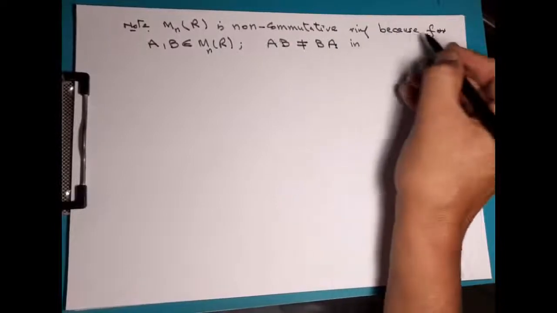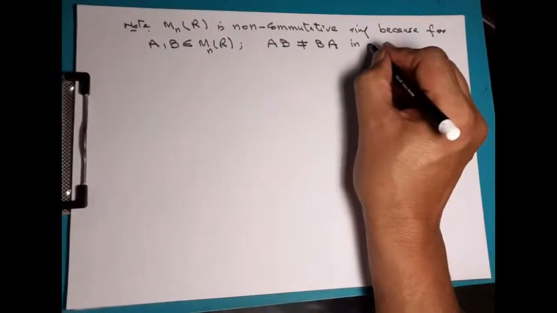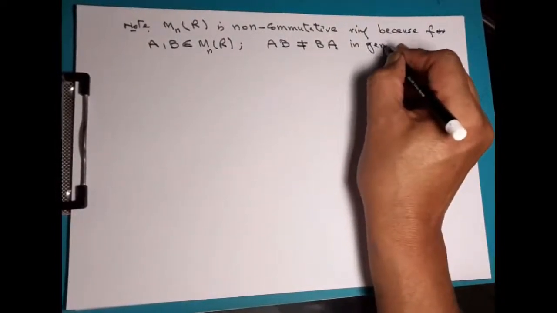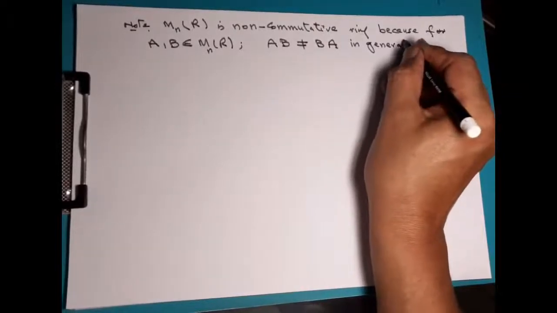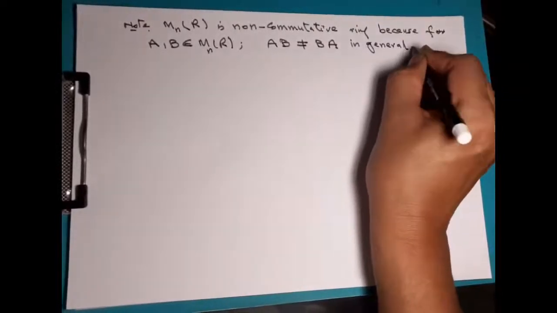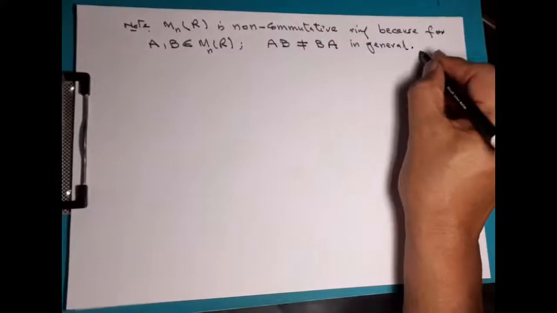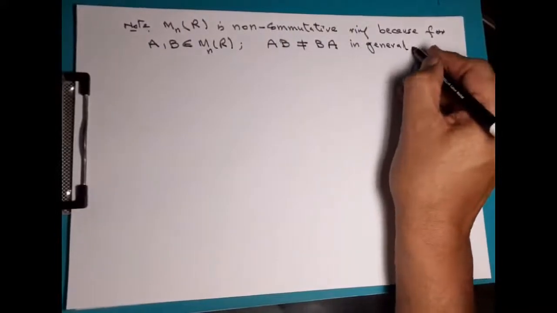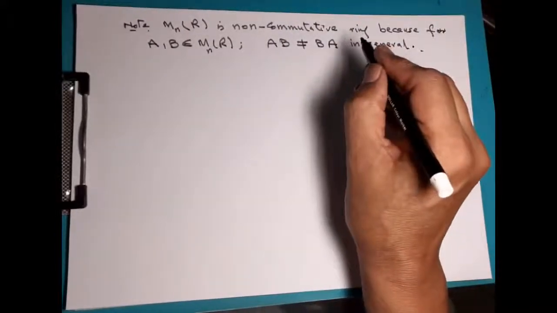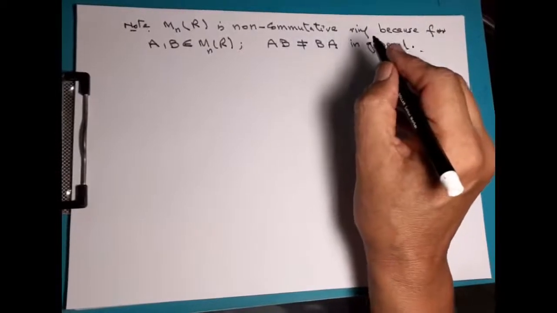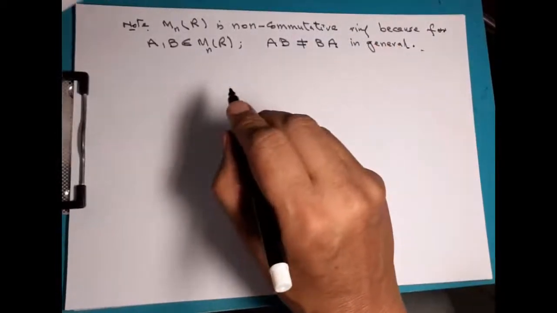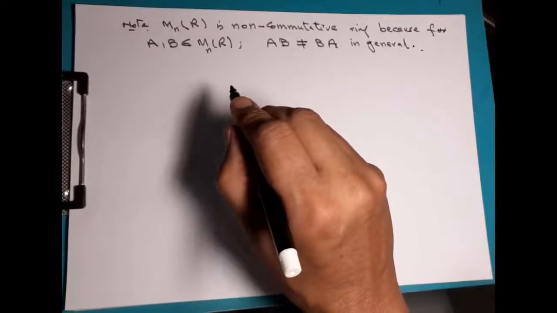It may happen in some particular case, but in general this is not the case. So M_n(R) is a non-commutative ring. So we have established that M_n(R) is a ring with identity and that this is a non-commutative ring.